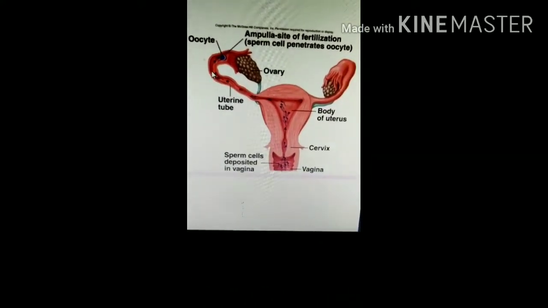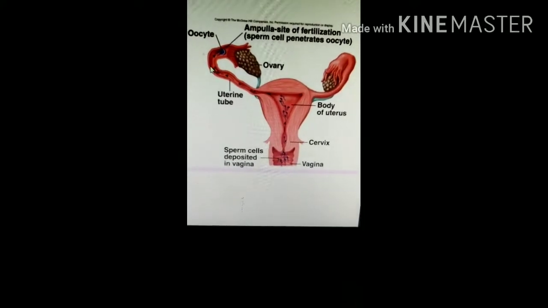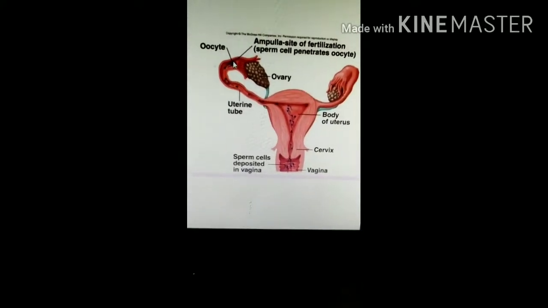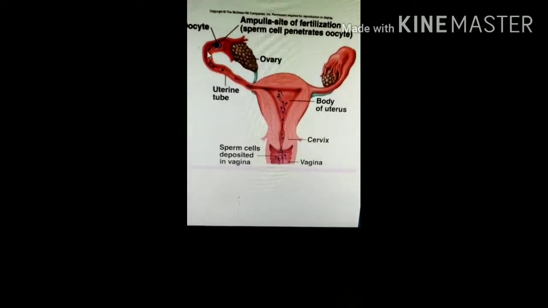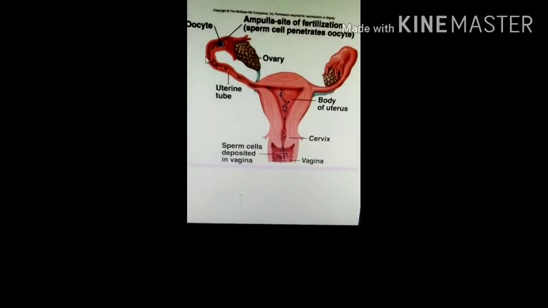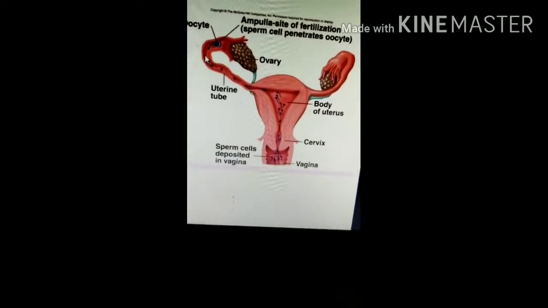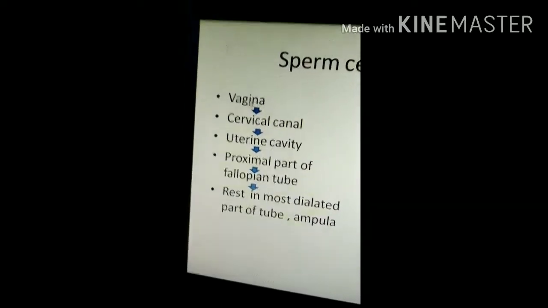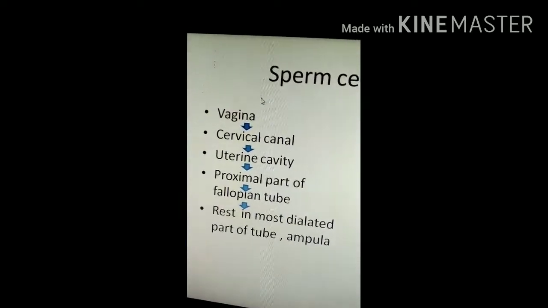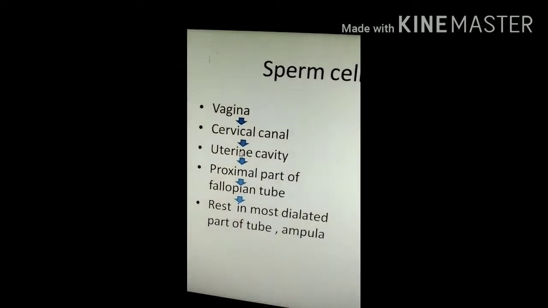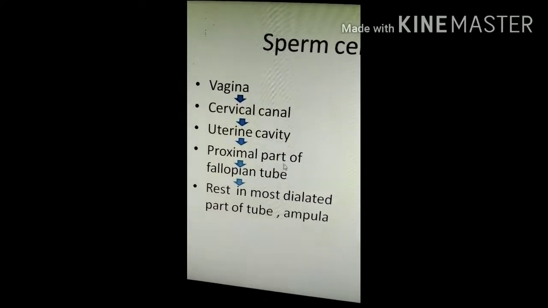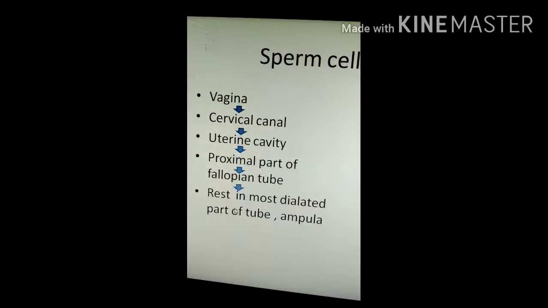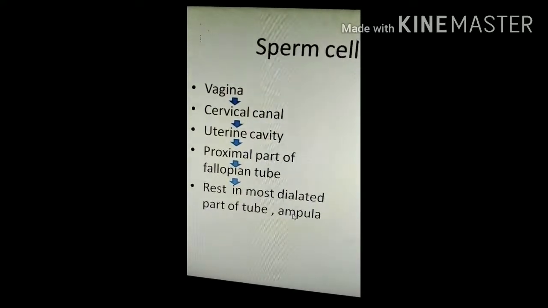In the ampullary region the sperm wait for the ovum. Also, the ovum comes from the ovary, enters the fallopian tube and waits in the ampullary region for the sperm. So, the flow chart: the movement of the sperm from the vagina, then the cervical canal, then the uterine cavity, then the proximal part of the fallopian tube, and rest in the dilated part, the ampulla.